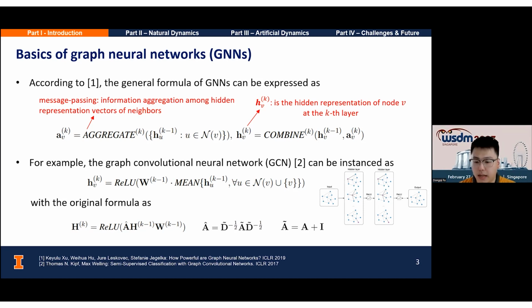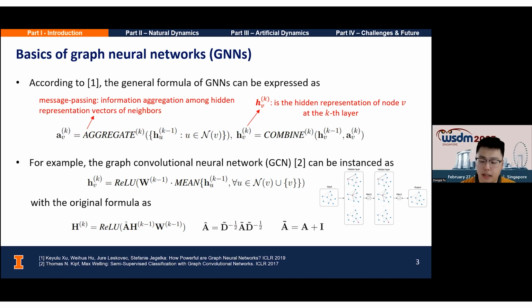For example, as shown in the equation, for the neighbor nodes' hidden representations at the k-1 layer, we first aggregate them all and obtain the vector a_v^k. Then we can combine the vector a_v^k with the vector h_v^(k-1) to obtain the node representation h_v^k at the current layer. The above introduction is a general form of the graph neural networks.